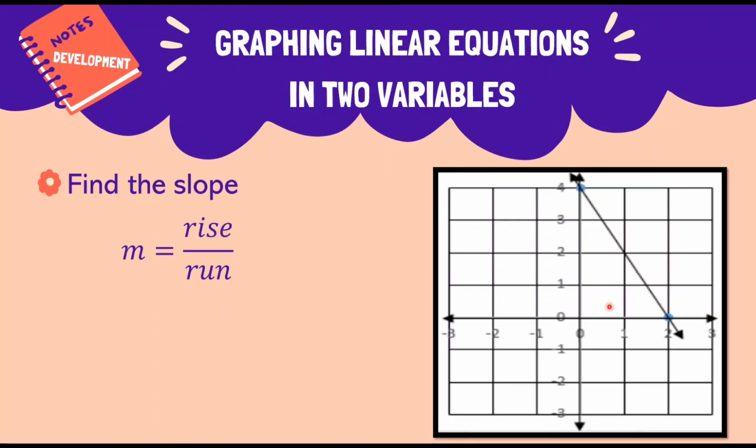From this graph, we can get the rise and run. Let us see. From (2, 0), we need to run.